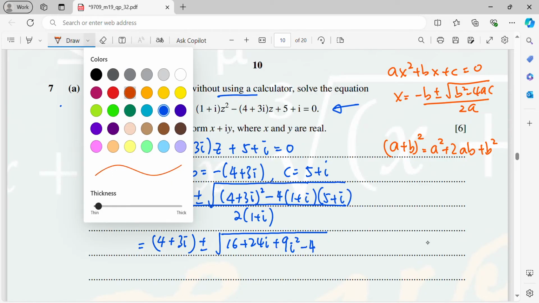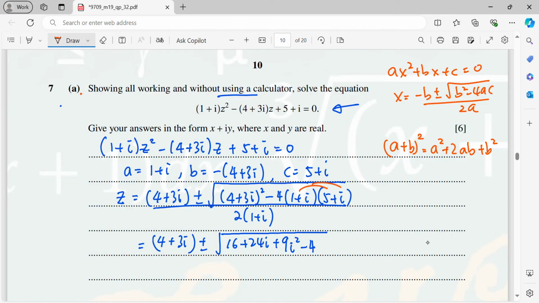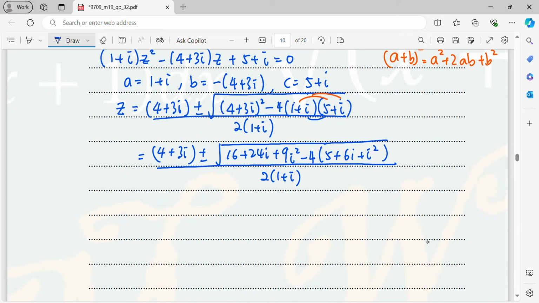Then for the bracket here, just do expansion. Right? So 1 times 5 is 5. I will just write 5. Then 1 times i and the 5i together will be 6i. Then i times i is i squared, over 2 times (1 plus i). Okay, now here I will be getting 4 plus 3i.